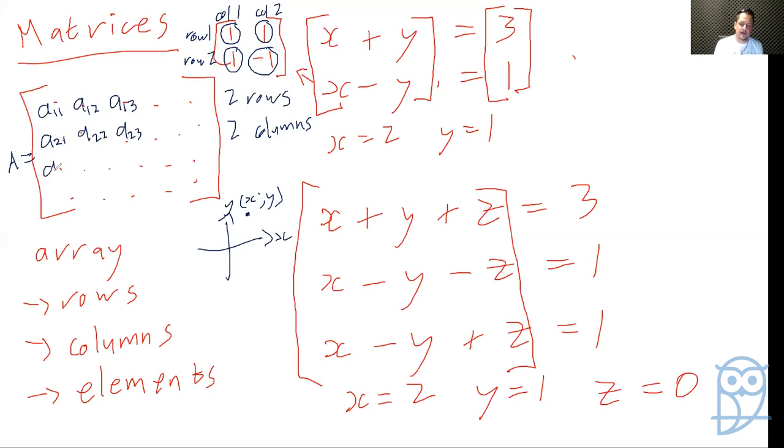If I go again, third row, first column. Third row, second column. Third row, third column. And you can have as many as you need. Once again, this is not A twenty-two, it is A two-two, row 2, column 2. This is not A thirty-two, it is A three-two, a matrix with 3 rows and 2 columns.